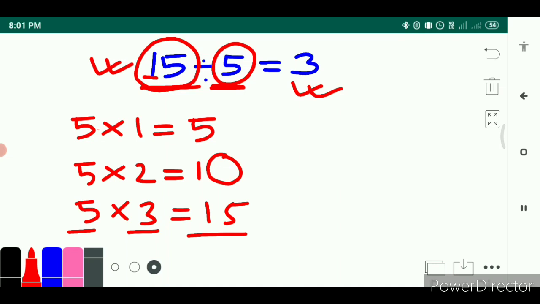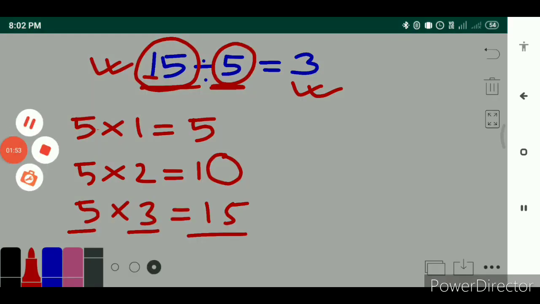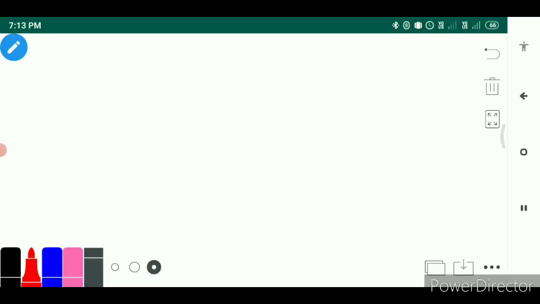One more example I will give you so that it will be more clear about the application of tables in division. Suppose you need to divide 14 by 2.